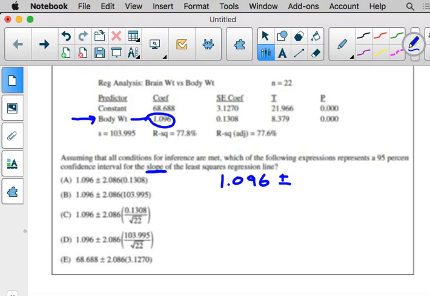So remember, critical values we find in table B. These ones specifically, when we look at the degrees of freedom, so here n being 22 means we're going to have 20 degrees of freedom. Okay, so look, 95% confidence, 20 degrees of freedom, I'm getting 2.086 as my critical value.